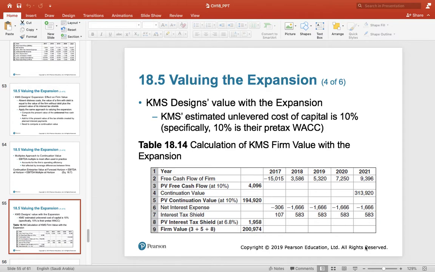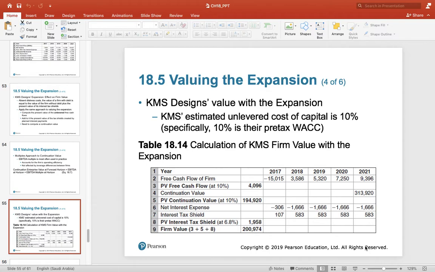What is the present value today? 194,920. Net interest expenses minus, because interest you have added back to get the unlevered income, right? Deduct again here, minus 306, 1666, as per the interest deducted. Interest minus interest tax shield is equal to the net interest we added there, again deducted here.